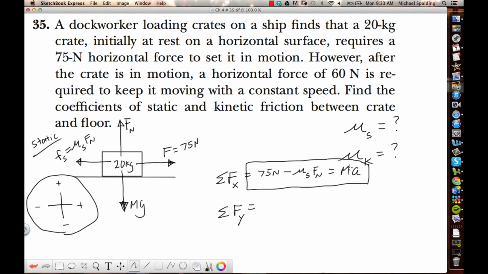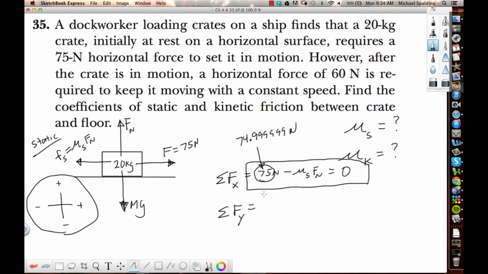No, because 75 newtons is the force that sets the box into motion. To be super thorough, set it equal to 74.999999 newtons. Is the box moving yet? No. So that acceleration goes to 0 because the box is not in motion. We can erase this and put in 0.